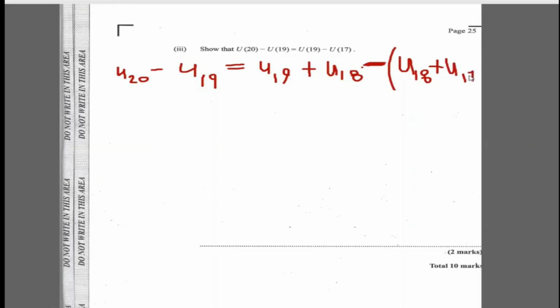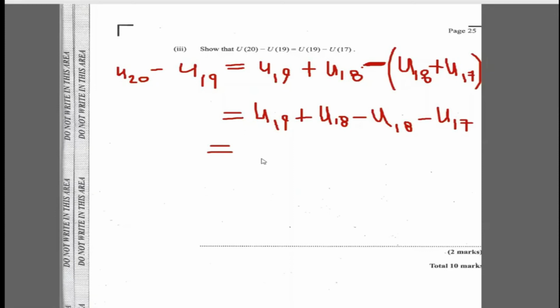Now when you subtract them, you get U19 plus U18 minus U18, and that part becomes 0, then you have minus U17.